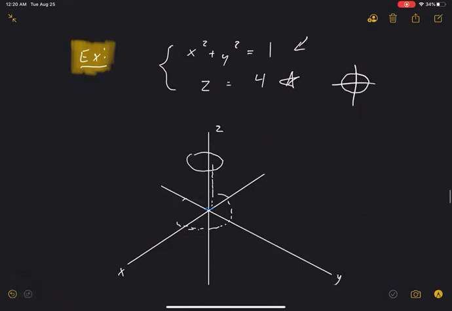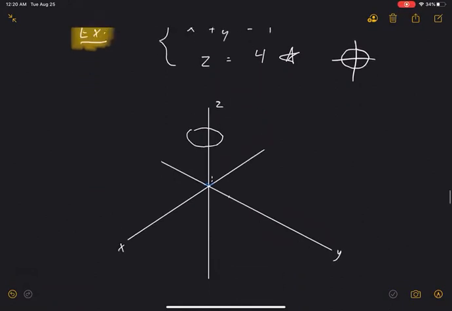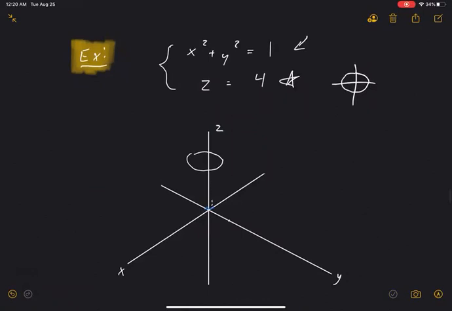And that is my graph, my surface. So it's actually really simple. It's not really a surface with extra dimension. It's just a circle, but it's a circle raised up by 4 units.